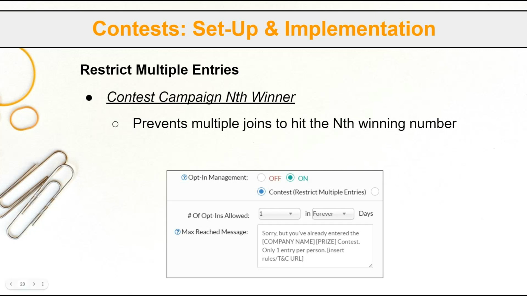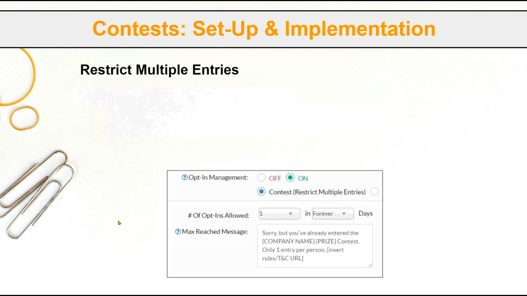If, however, you do not want people to join multiple times in order to hit that nth entry, then you're going to want to activate this opt-in management option, setting it to contest, limiting the number of times they can join in X many days with a max reach message that reiterates for them the entry rules and directs them to rules, terms, and conditions pages that you've created.